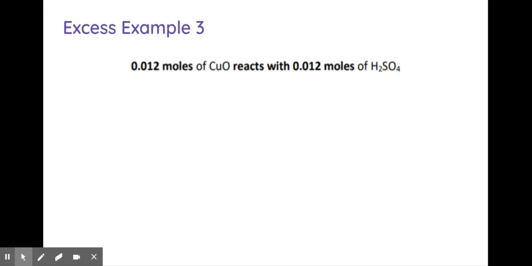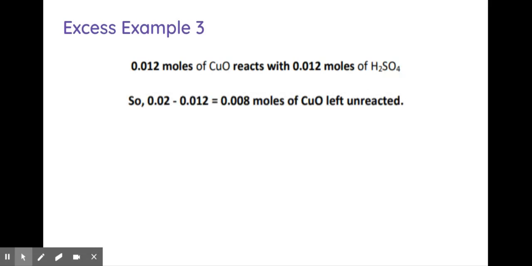We calculated that we only had 0.012 moles of sulfuric acid. That means only 0.012 moles of copper oxide could react because it was a 1-to-1 mole ratio. If we actually have 0.02 moles of copper oxide, then having used only 0.012, we have 0.008 moles of copper oxide left unreacted, so it's just sitting there.